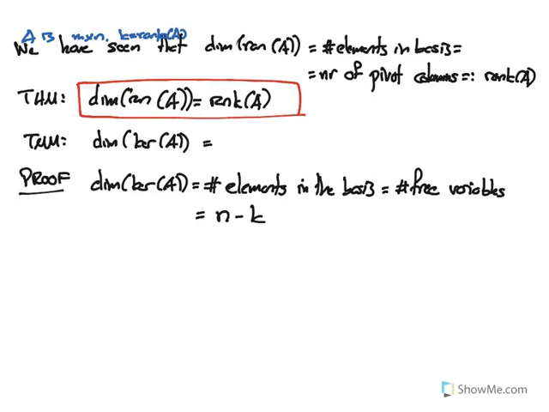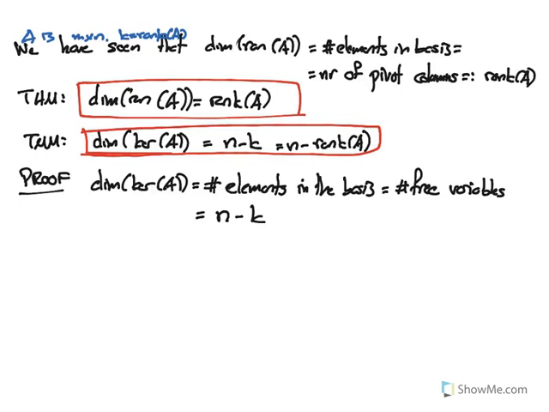All right, so by the algorithm we had for constructing a basis for the kernel of the matrix, we found that there was one basis element corresponding to each free variable, and the number of free variables is equal to the number of columns minus the rank. So what we get here is n minus k, so n minus rank of A. And all right, so now we have two theorems, and if we combine them, we get another theorem.